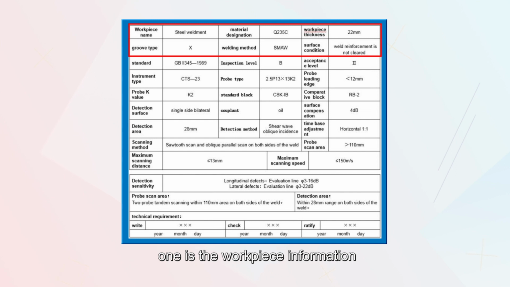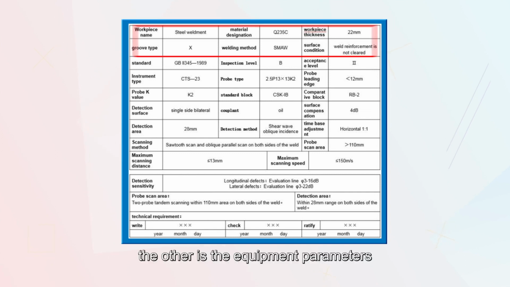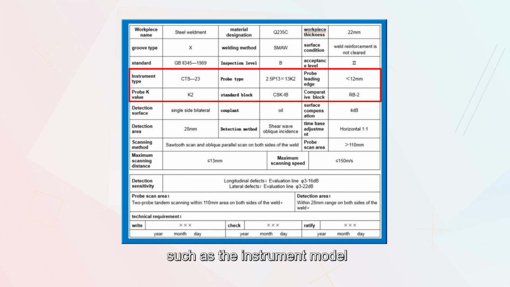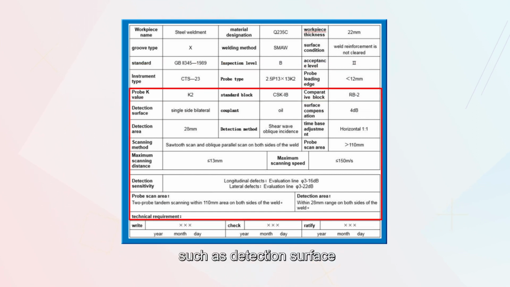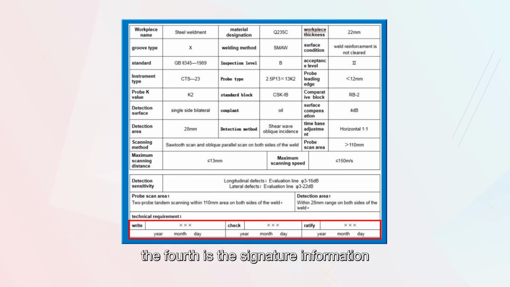One is the workpiece information, such as the workpiece name, material grade, etc. The other is the equipment parameters, such as the instrument model, probe model, test block models, etc. The third is the detection parameter, such as detection surface, detection area, scanning method, etc. The fourth is the signature information.